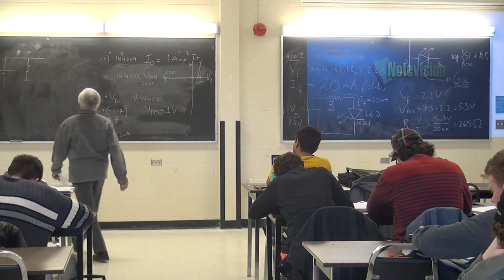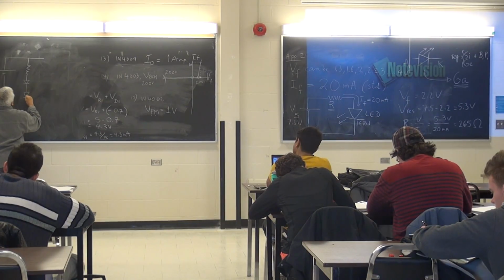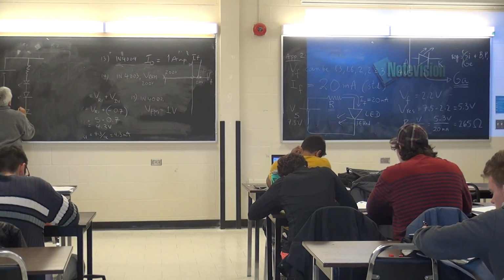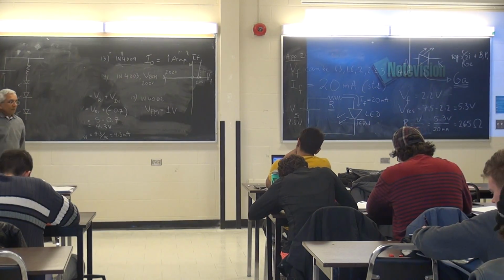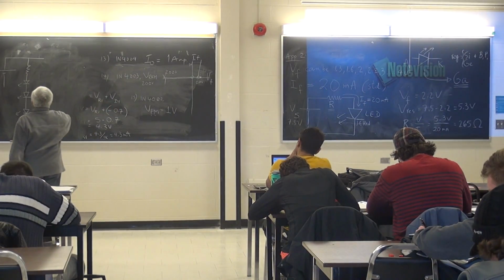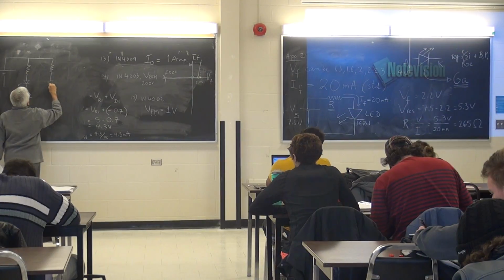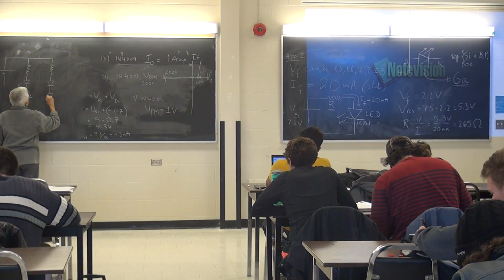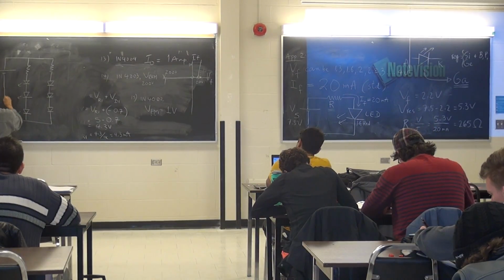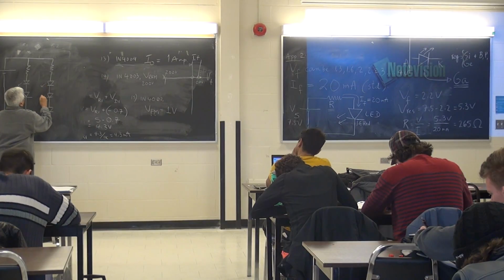So I've got 3 LEDs, 1, 2, 3. And I've got 2 parallel connections. So I've got 1 connection and another connection. Notice that I've got a resistor in the circuit.